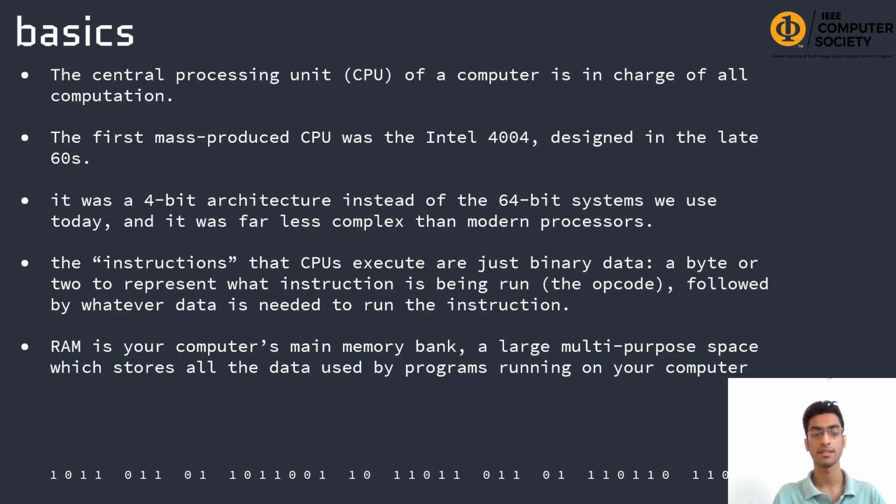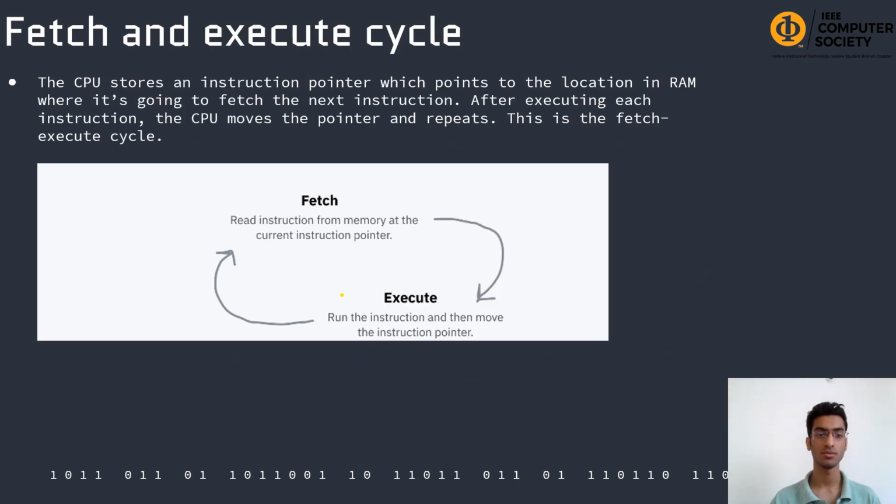How exactly does the CPU read from the RAM? That is something called the fetch and execute cycle. The CPU stores an instruction pointer which points to a location in RAM from where it is going to fetch the next instruction.